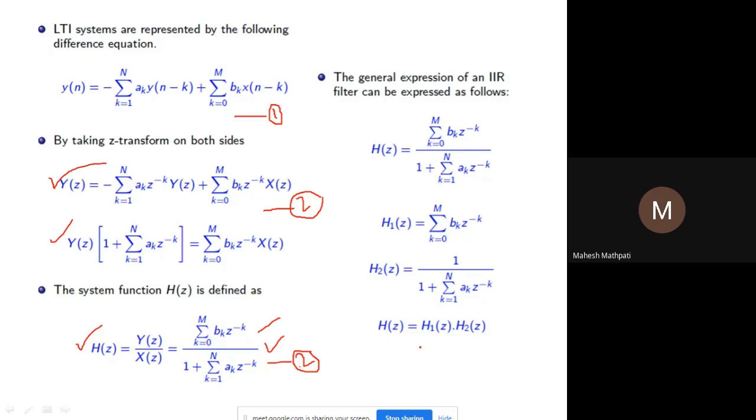So here, this is the first term we are considering, which we call H1 of z, and the second term we are considering, I am calling it H2 of z. Shall I move further? Yes, sir.